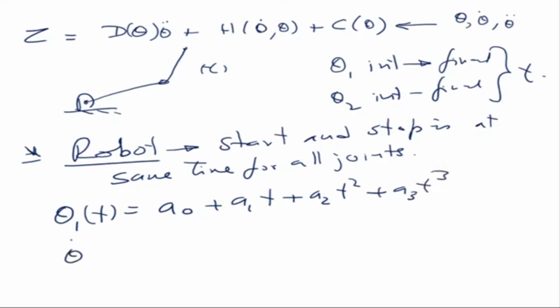Now if I take the derivative of this, theta 1 dot is equal to a1 plus 2 a2 t plus 3 a3 t squared.